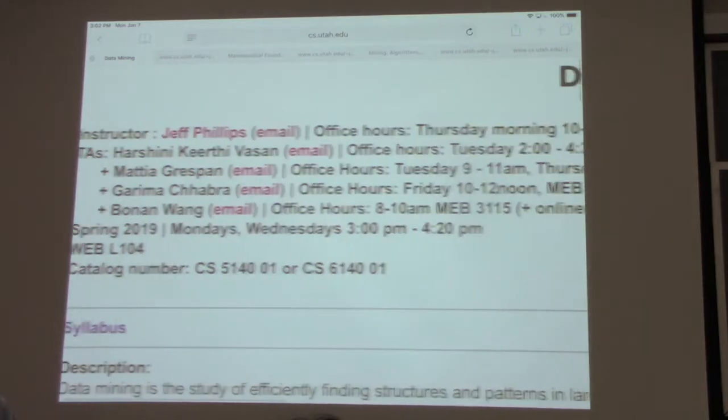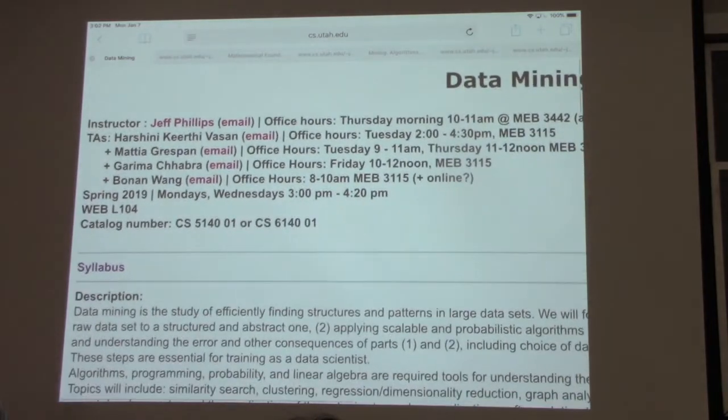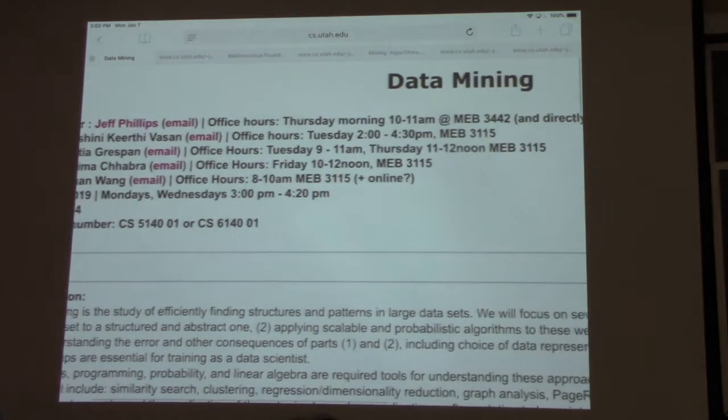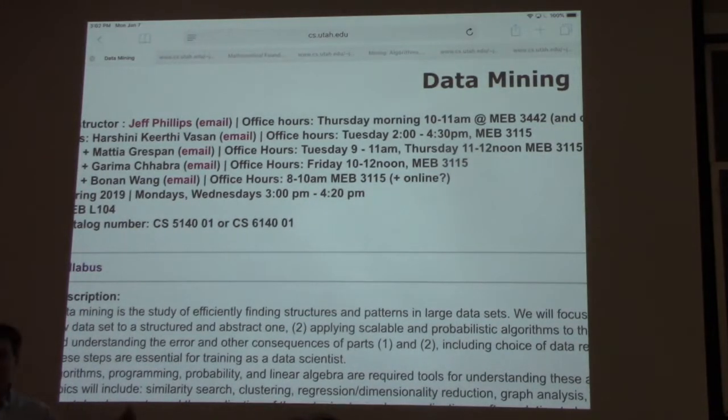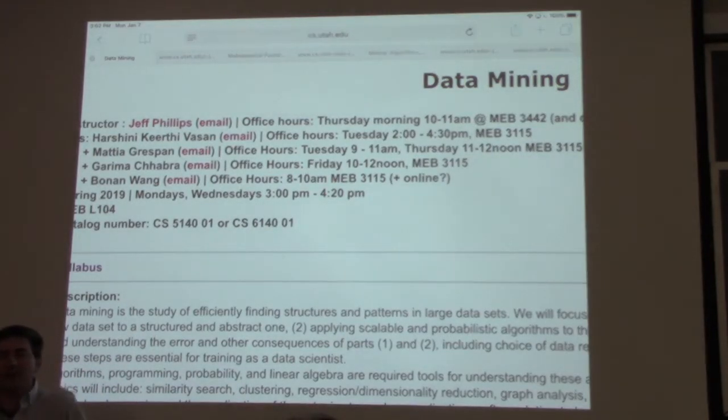We've started to post some possible times for office hours in the class. My main office hours will be 10 to 11 every Thursday morning. And I've also blocked off the time directly after this class. So this is a great time to ask me questions, anything from general questions about data mining, to things about the project, to technical questions about the lecture or the homework.